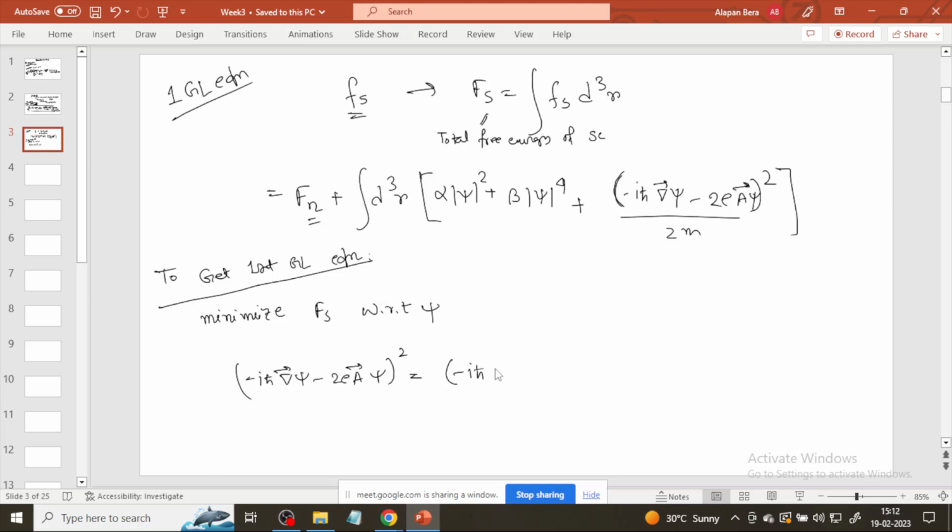The operator will take minus 2eA, and that is operating on psi. So this psi is not inside; let's assume it's outside, because this is the operator, and when we write ħk in the operator form, then in place of ħ²k² only the operator goes here, and the whole thing is operating on psi. So this psi will be outside here. Also this psi, the whole thing is operating on this psi.